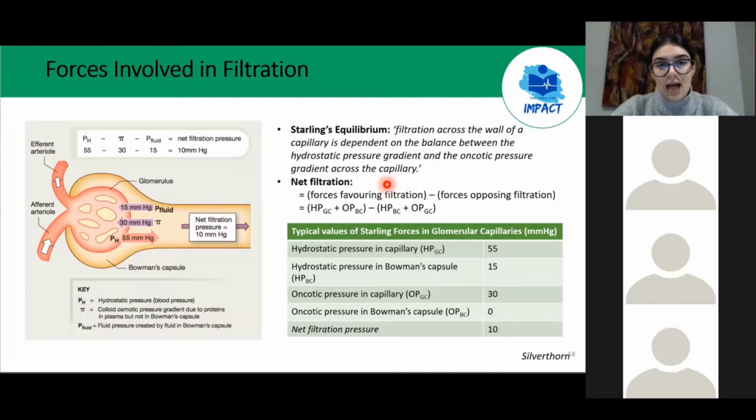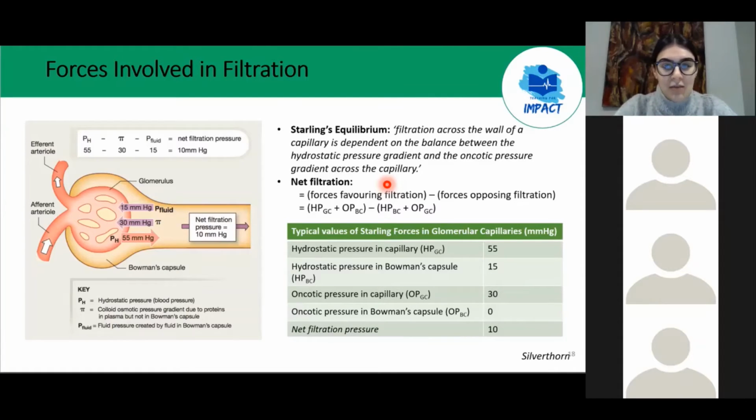So what this means, hydrostatic pressure is like the pressure of something in a hose. If you imagine water filling up the hose and that water exerting pressure on the edges of the lumen of the hose, that's hydrostatic pressure. Hydrostatic pressure is what is trying to push stuff out. Whereas oncotic pressure is the pressure that's created via proteins.